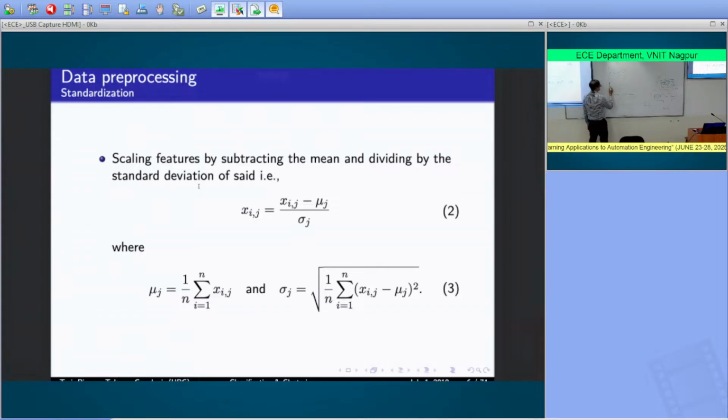Let's say this is your true variable. You first remove the mean. When you remove the mean, the data is going to be here, the same pattern. Sorry, it's probably not as good as that. This is the mean of this data. You remove it and bring it down to here. Therefore, the mean of the processed data is 0.